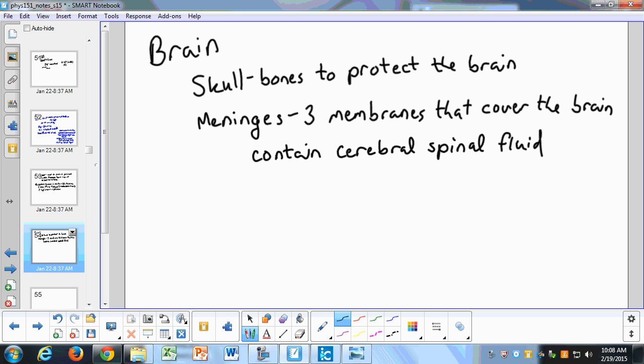So they contain cerebral spinal fluid. This CSF cushions the brain, and it also regulates blood flow.